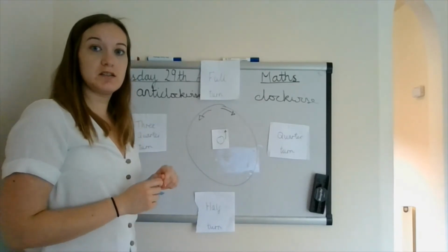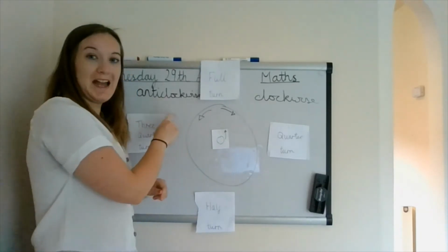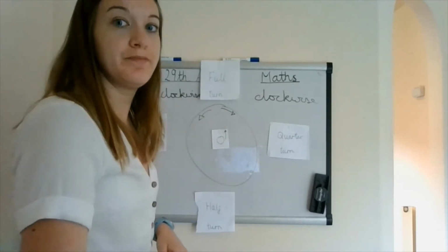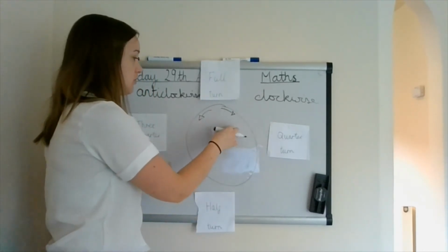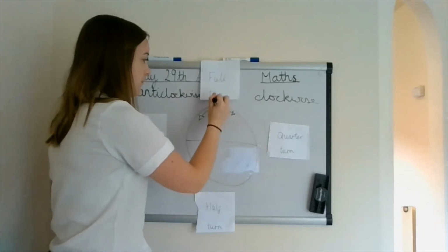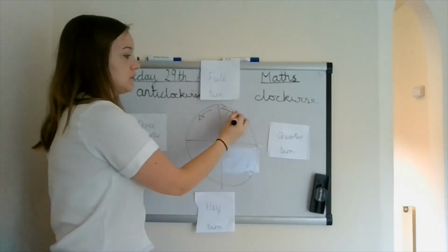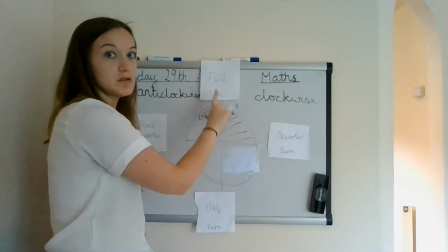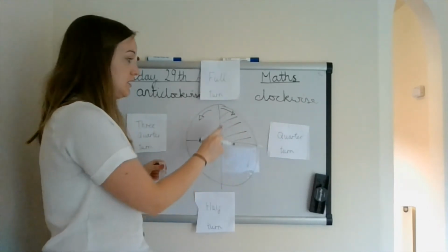Okay? So this time, when we do anti-clockwise, we can still imagine this is like our fraction circle. Okay, so this time, a quarter turn clockwise would be one part this way shaded.